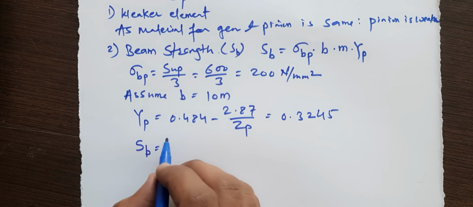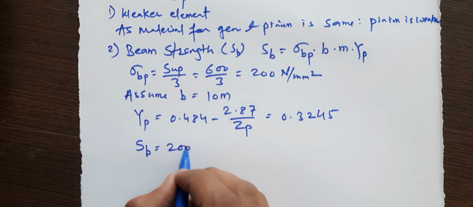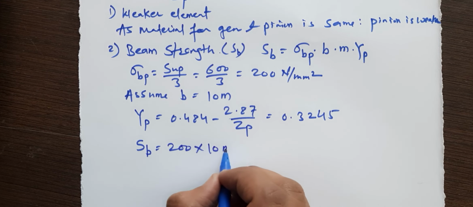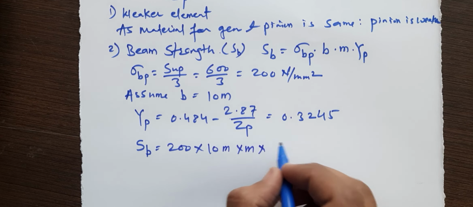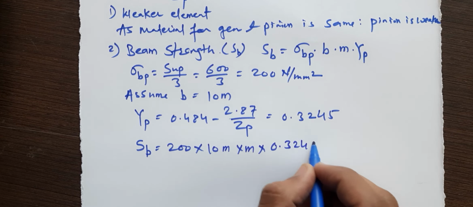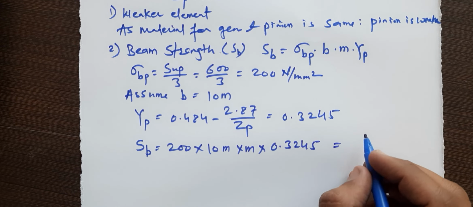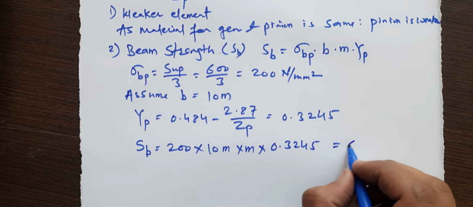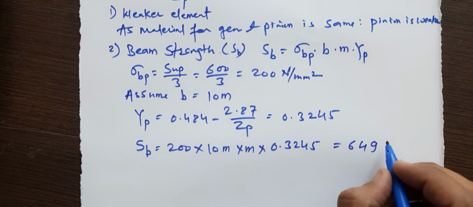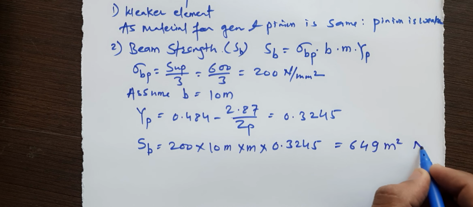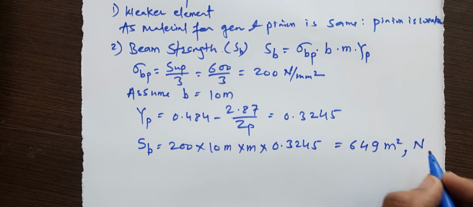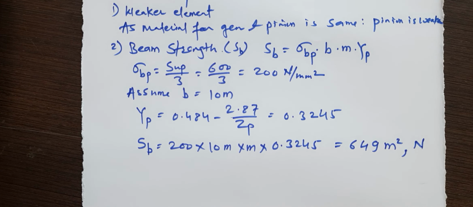So your SB will become sigma BP is 200, B is 10 module, into 0.3245. After calculation you will get 649 module square in Newton. So this is your SB in the form of module.